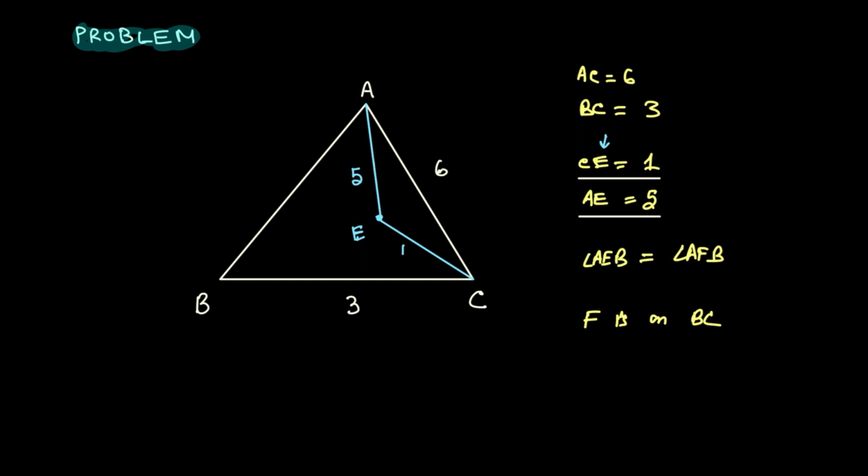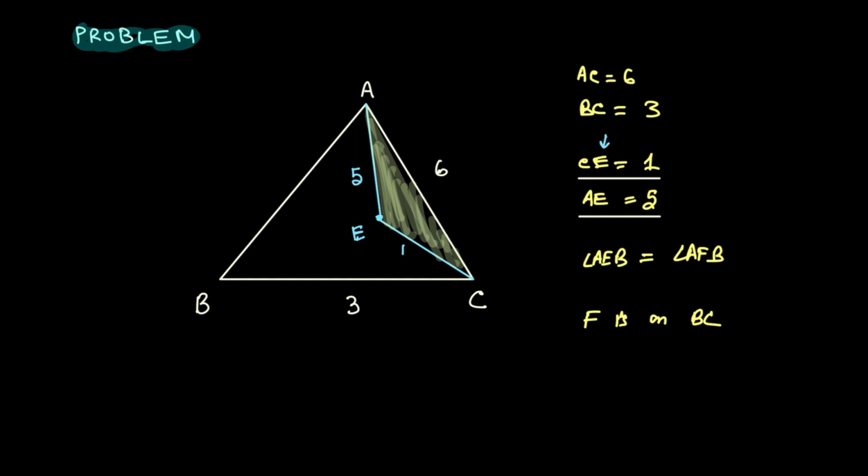Now you immediately should recognize something from this particular problem. If you look at the triangle AEC, there is something wrong with this triangle. And what is wrong? Well, the sum of two sides of the triangle is equal to the third side. But that cannot happen, right?